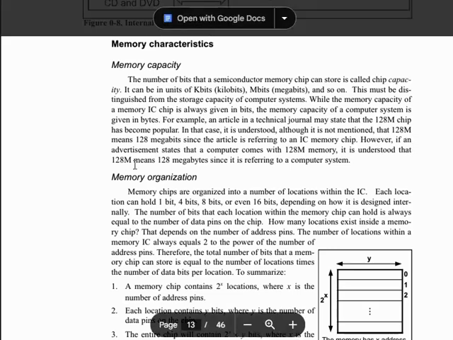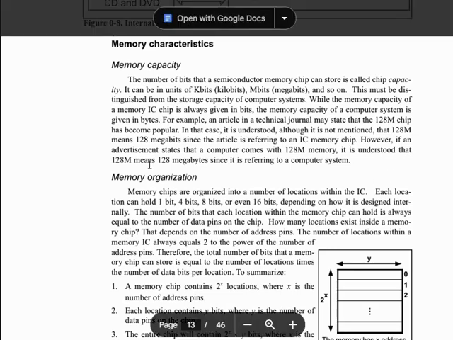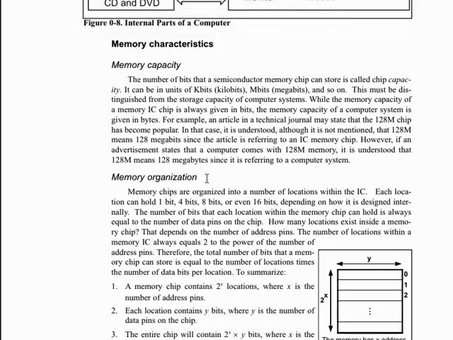However, if an advertisement states that a computer comes with 128 mega memory, it is understood that 128 M means 128 megabytes, since it is referring to a computer system, which should have a vast memory capacity, because there are a lot of things we are storing in a computer memory.